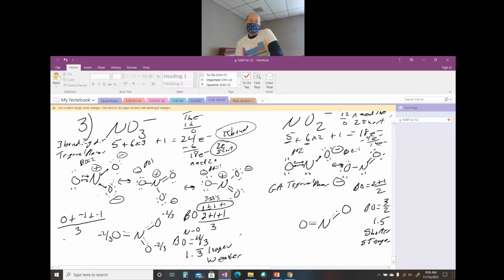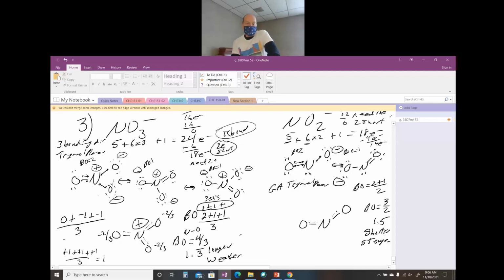When you want your average nitrogen, it's +1 here, +1 here, +1 here. So +1 plus +1 plus +1 divided by 3, that is equal to 1. 3 divided by 3 is 1. And so your nitrogen average charge is a +1.